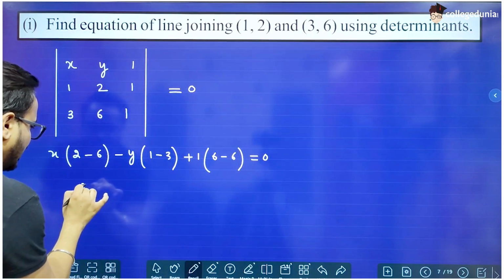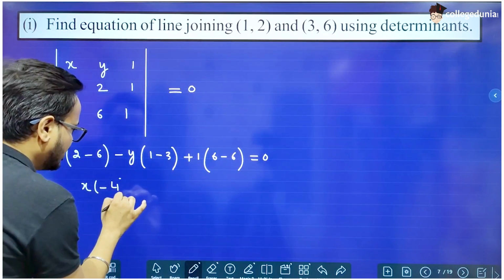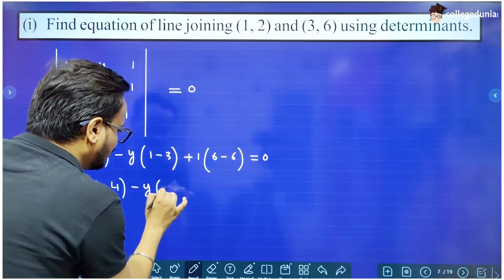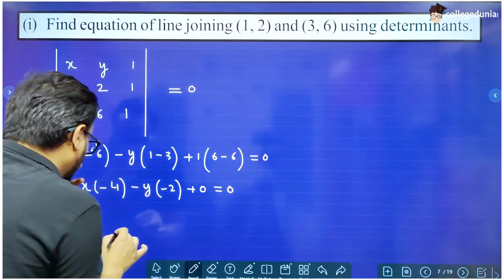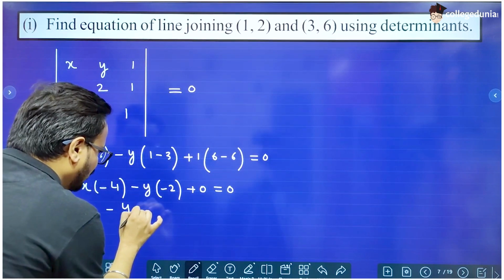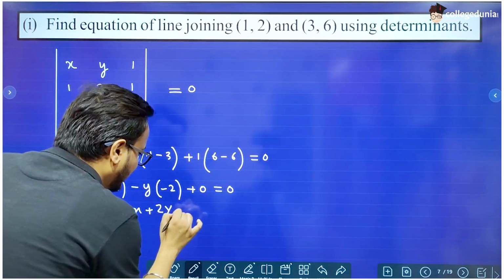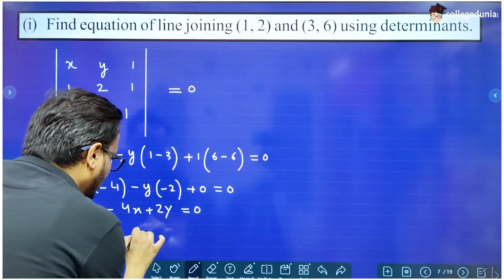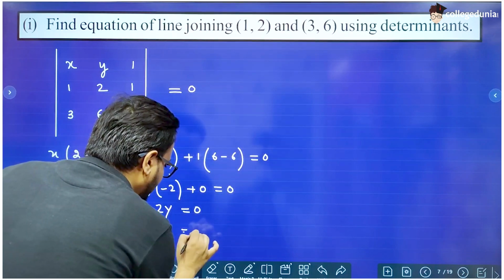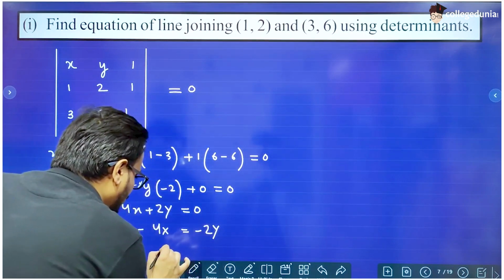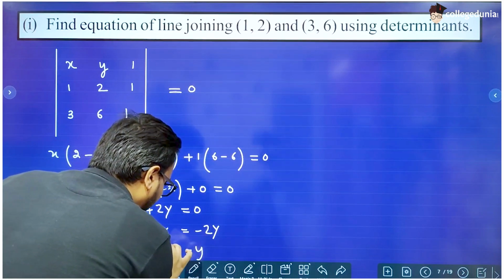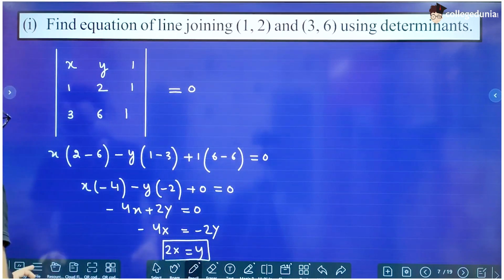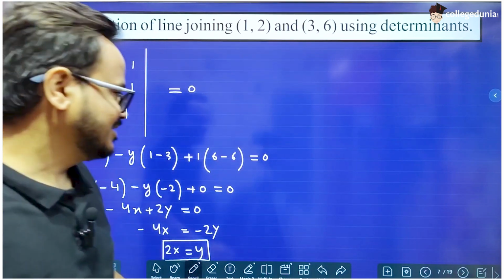So it is x into minus 4 minus y into minus 2 plus 0 equal to 0. So minus 4x plus 2y equal to 0, or minus 4x equal to minus 2y, or 2x equal to y. This is the equation of the required line.